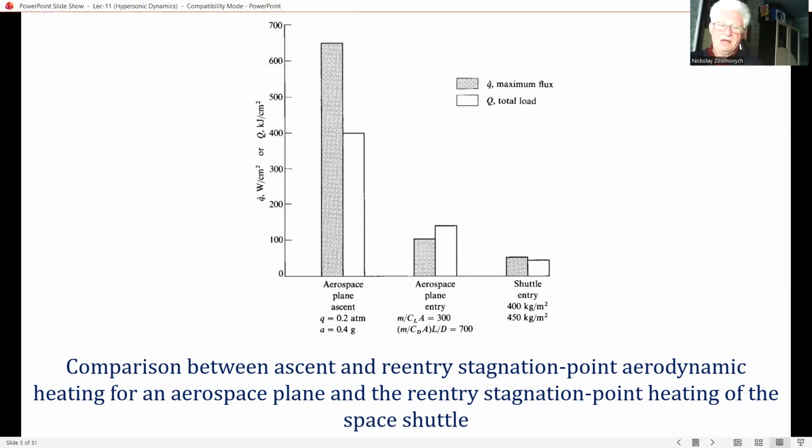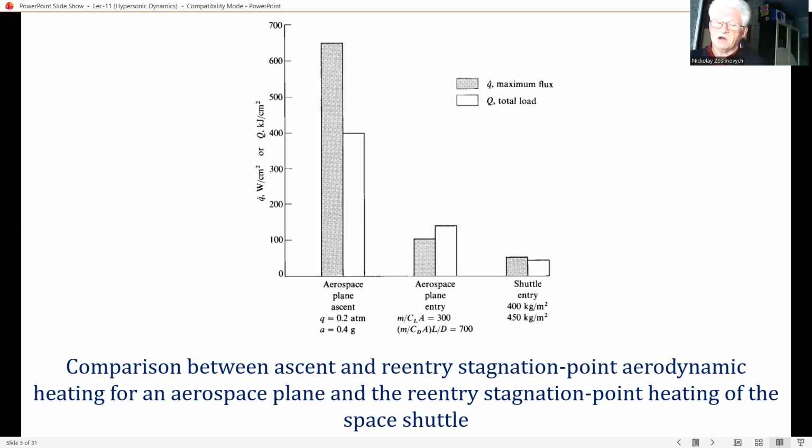These results are summarized in the bar chart shown in this slide, which gives both the maximum heat transfer rate in watt per square centimeter and the total heat transfer in kilojoule at the stagnation point. Here we see the striking result that the aerospace plane re-entry stagnation point heating is 3 times larger than the re-entry heating of the space shuttle.